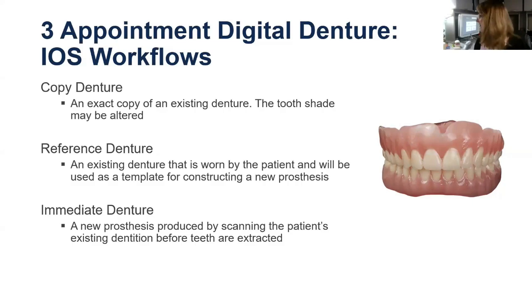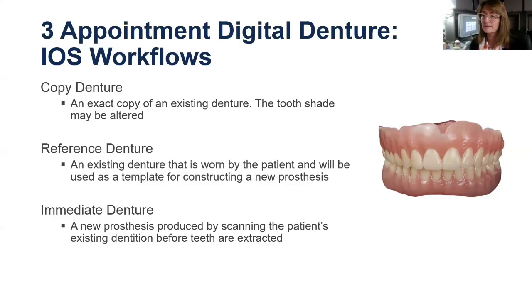A reference denture, on the other hand, is a patient that comes in. They have a denture, so that's great, but it doesn't really fit well anymore, and it might be broken, and there might be teeth that are chipped off, and we're going to take an impression inside of that existing denture. More to come on that, but think of it as the best custom tray you could ever imagine, right?